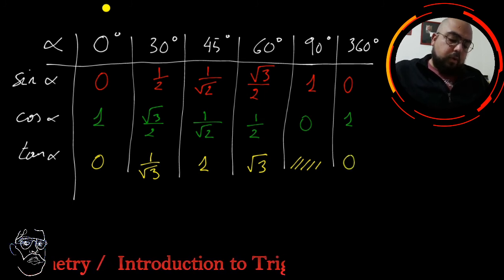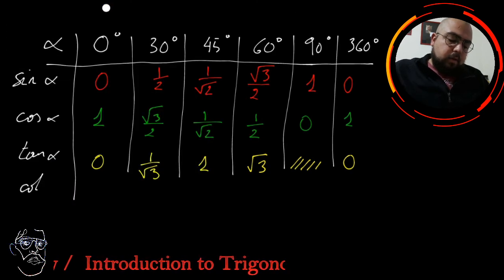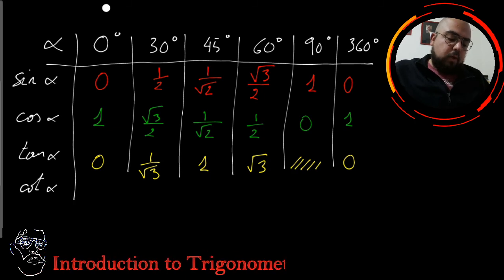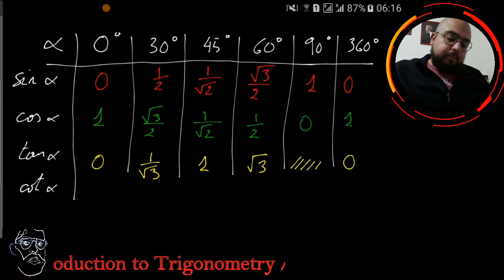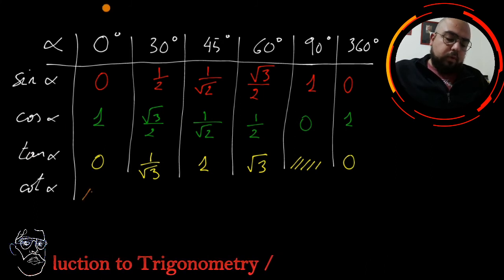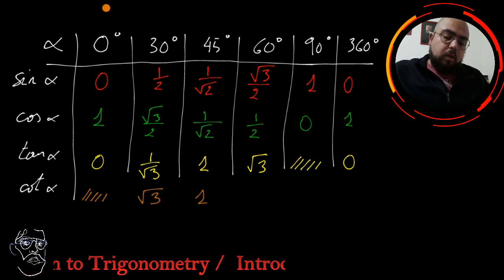And what about cotangent? Cotangent, as we said, is the reciprocal of tangent, so it's 1 over tangent alpha. So it will be 1 over 0, so it does not exist. In this case, it's square root of 3. In this case, it's 1 again. 1 over square root of 3.